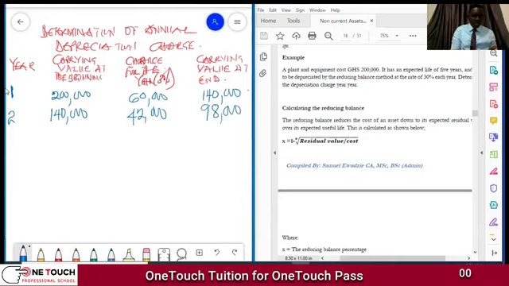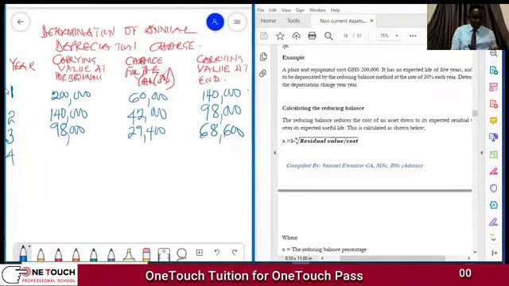Okay, so year three, we have 98,000 times 30%, that is 29,400. So 98,000 minus 29,400, that gives us 68,600.